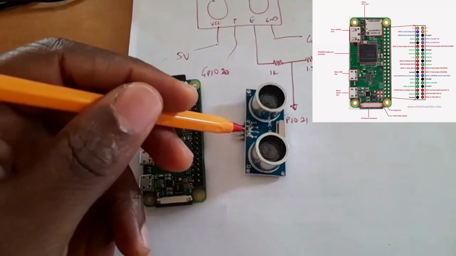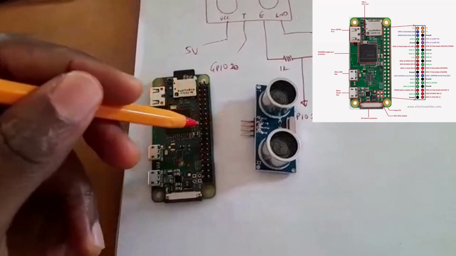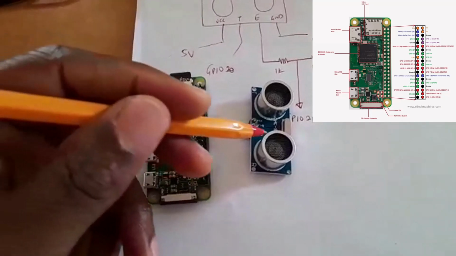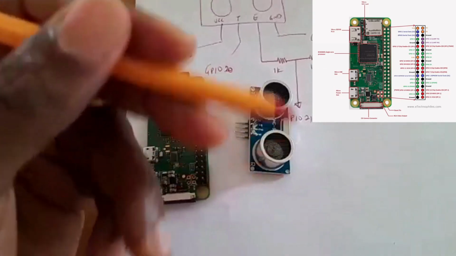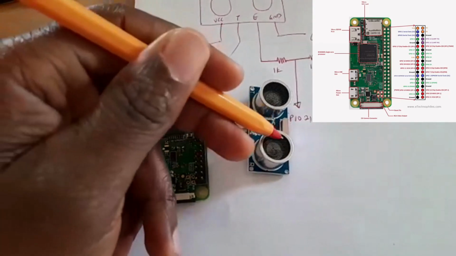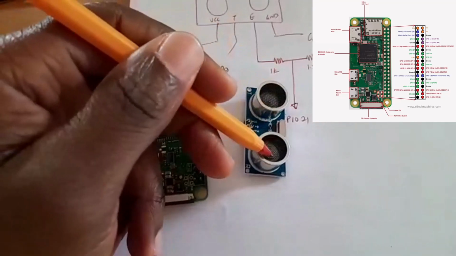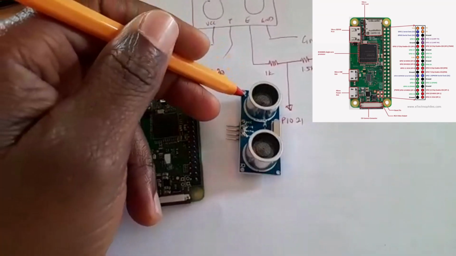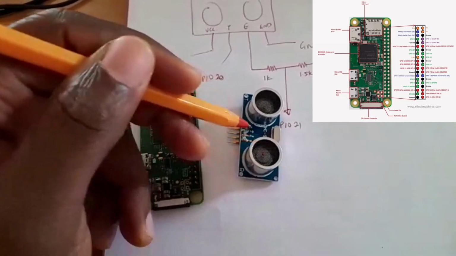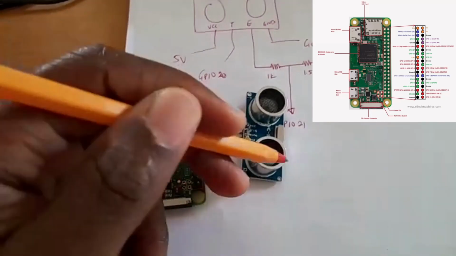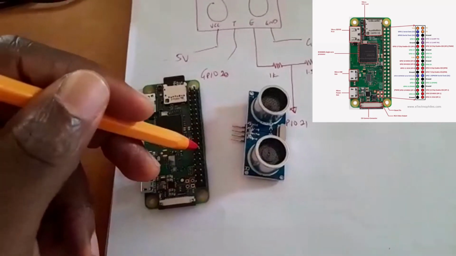But the echo is supplying voltage to the Raspberry Pi upon receiving the transmitted sound wave back through the echo transducer. You can see the transmitter and the receiver. But the echo will communicate at 5 volts, which will damage the Raspberry Pi.